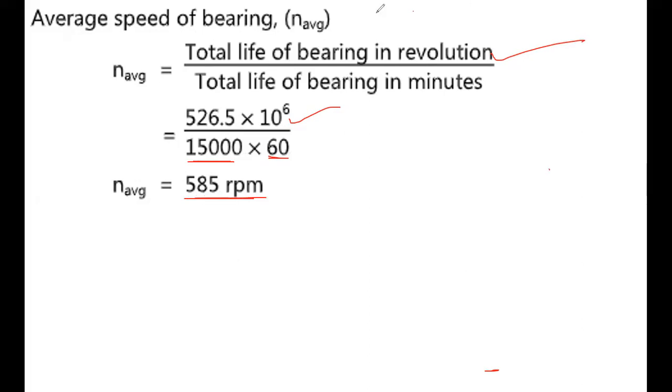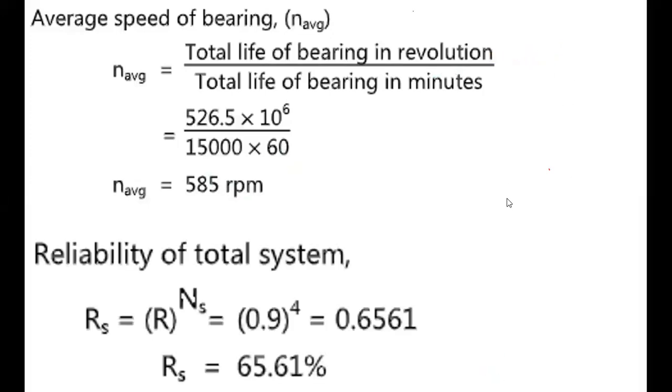Also, they have asked the total reliability of the system. So total reliability is R raised to NS. Since 4 cycles were given, 0.90 raised to 4, so 65.61% is our total reliability of the system.